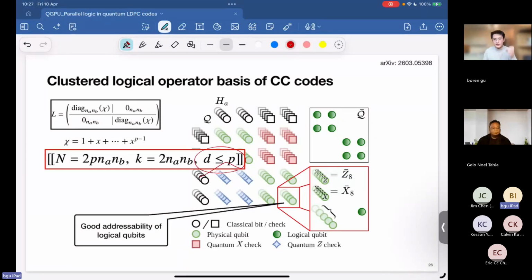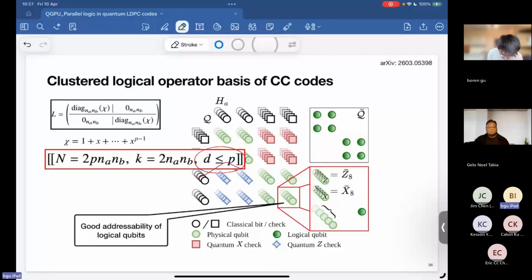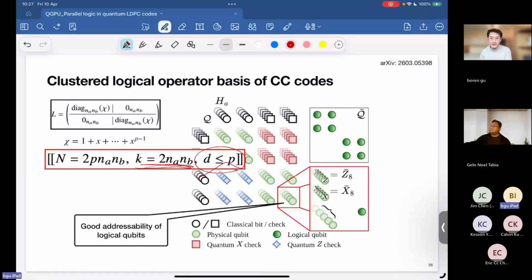Which is the size of each cluster, i.e. the lift size. So yeah, that is an upper bound. And also we can read out the number of logical qubits that are encoded in this code.